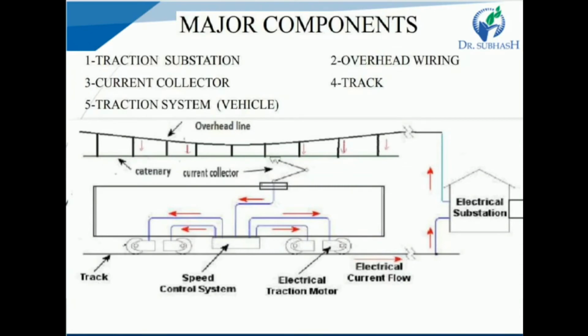So from the electric substation, the supply is given to the overhead line, and from the overhead line to our current collector, then to the speed control system, and from the speed control system to the electric traction motor. The motor gets its control from the speed control system and gets the desired speed, so it will run on the track.